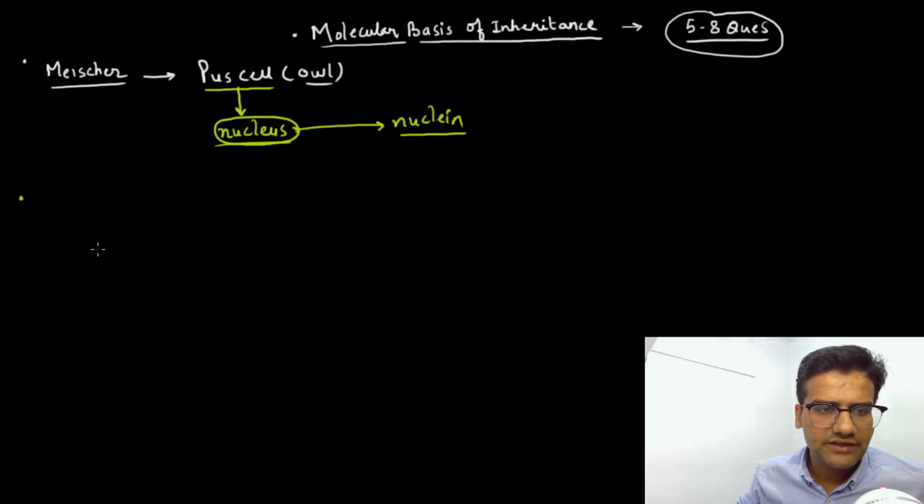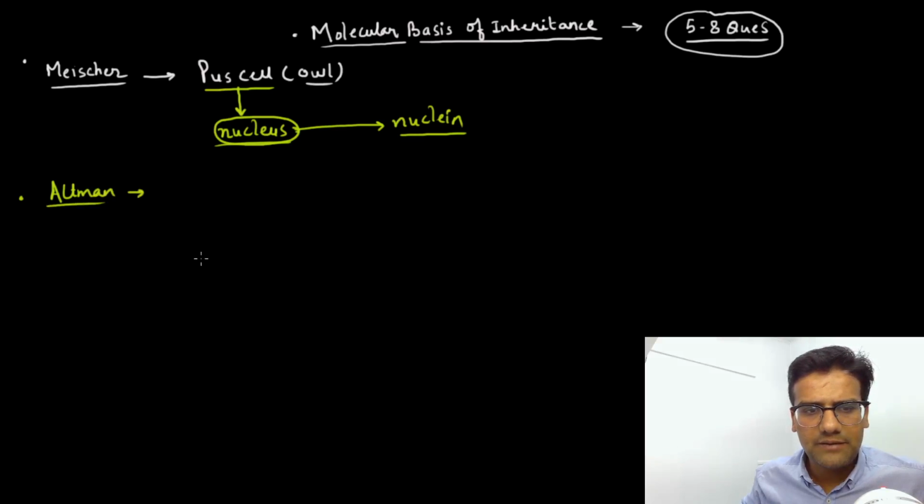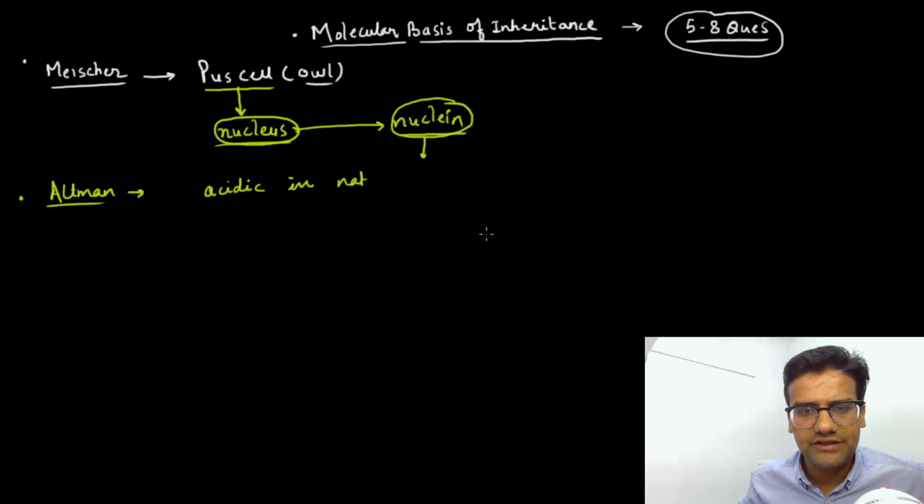Further, there was another scientist known as Altman. Altman studied the chemical nature of nuclein and discovered that nuclein are acidic in nature.